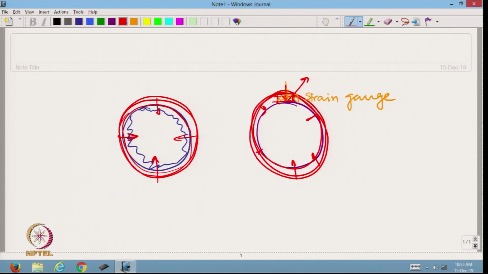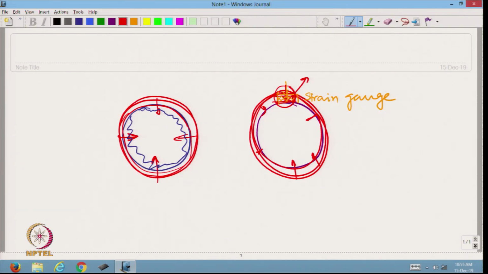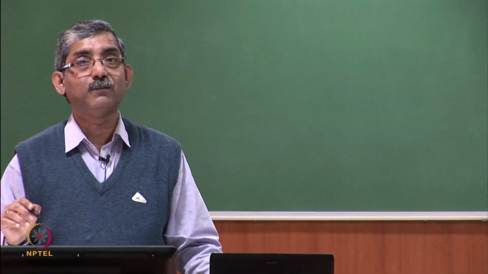So, it is like either tensile or compression mode, and indirectly we get the value of compressive pressure. Actually, we are getting the compressive load, and that too at a single point.